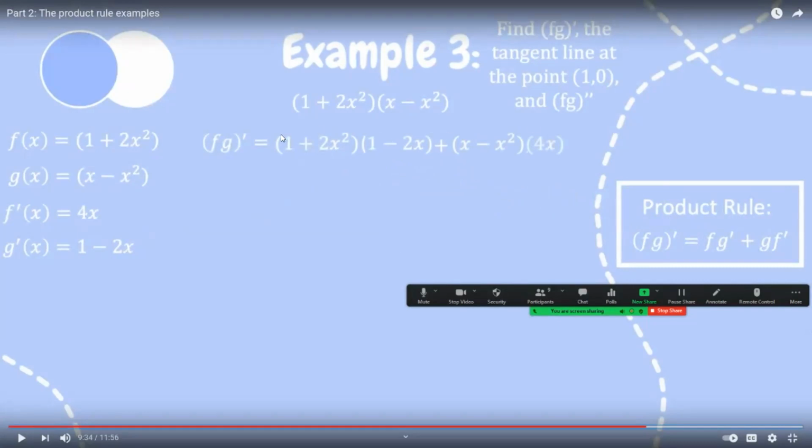We've just plugged each of those 4 pieces into our product rule in the appropriate place. You can write it either way; she wrote g times f prime.